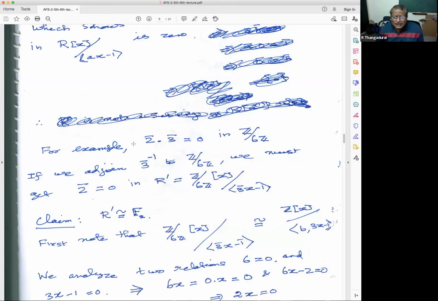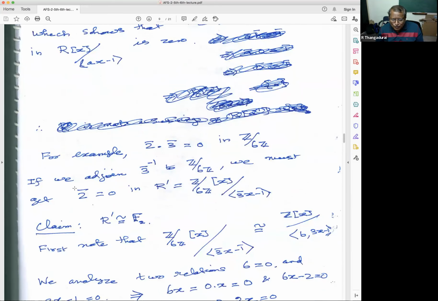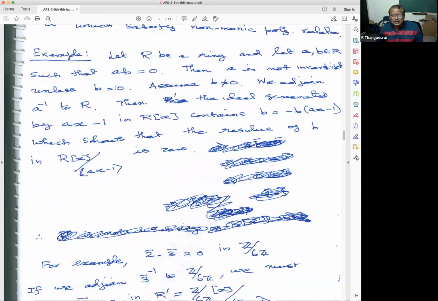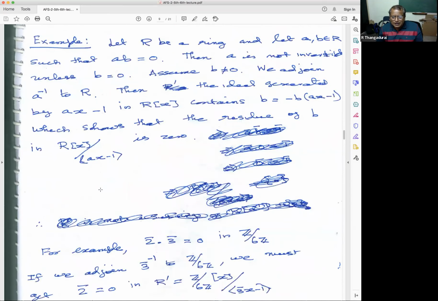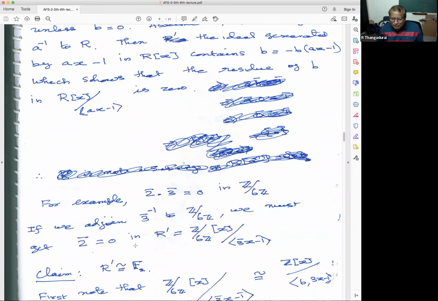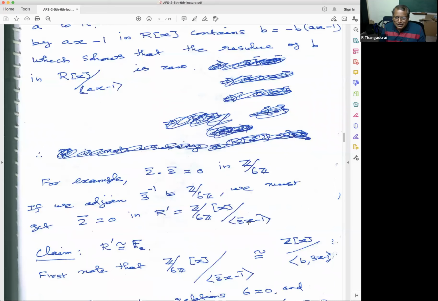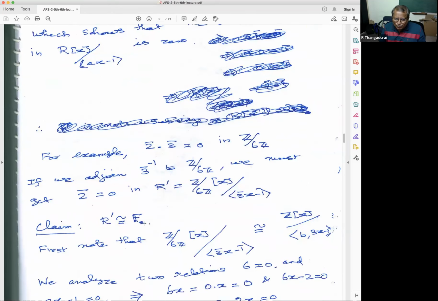By the same procedure, the 2 will become 0 in the residue ring R prime. R prime is what? The ring R is Z mod 6Z, R[x], and we are going modulo the ideal generated by 3 bar x minus 1 bar. So this R prime is isomorphic to F2.